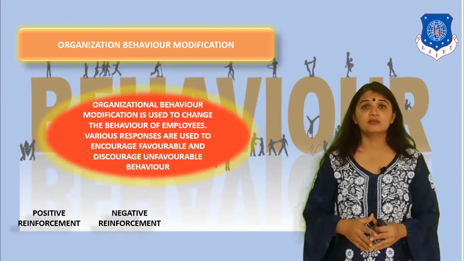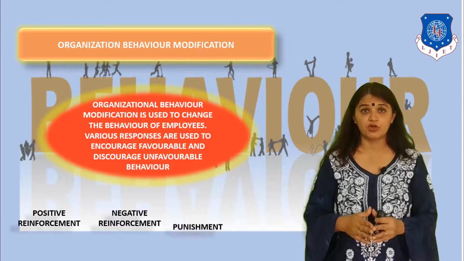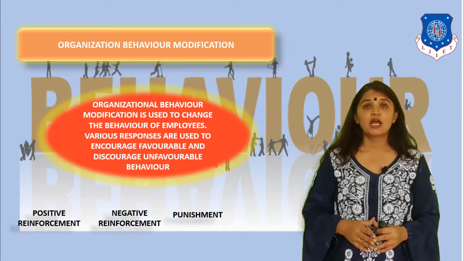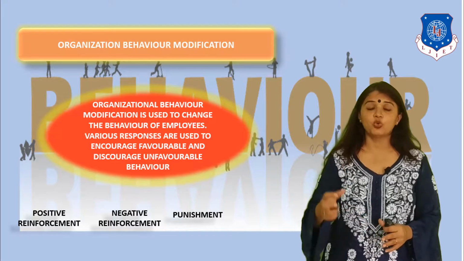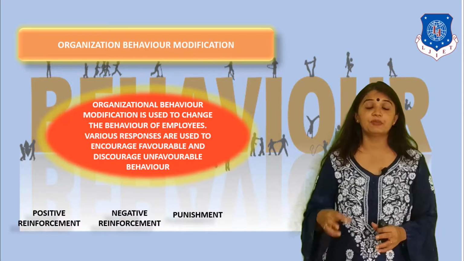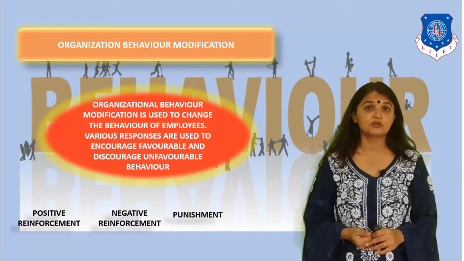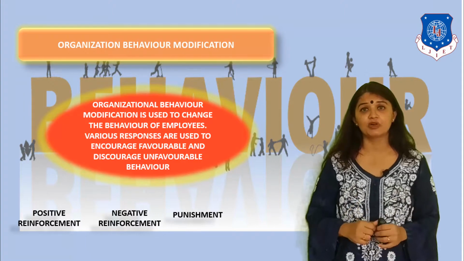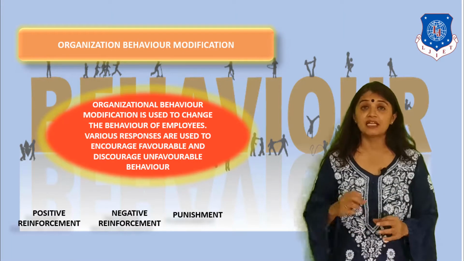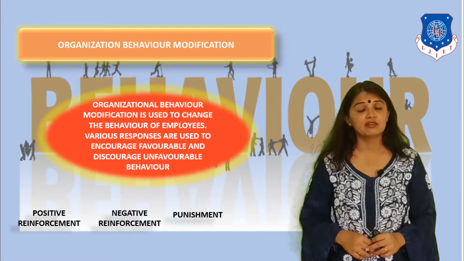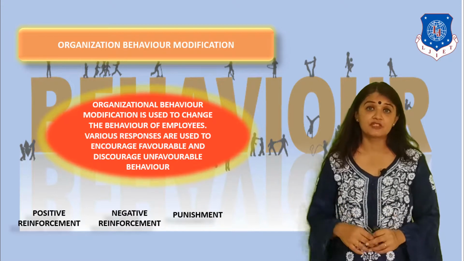Then the third component of behavior modification is punishment. Here, when a person shows unfavorable behavior, some unfavorable condition is presented to that person. Like we have already discussed, one example is coming late. Coming late means loss of 1 day of salary or half a day of salary.